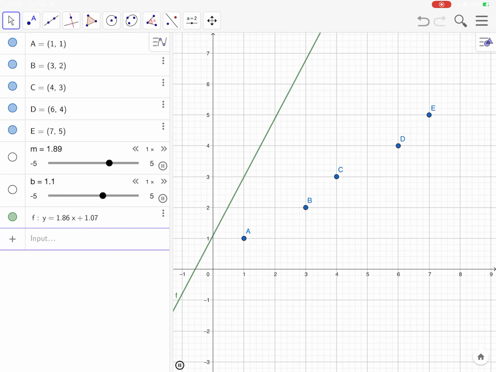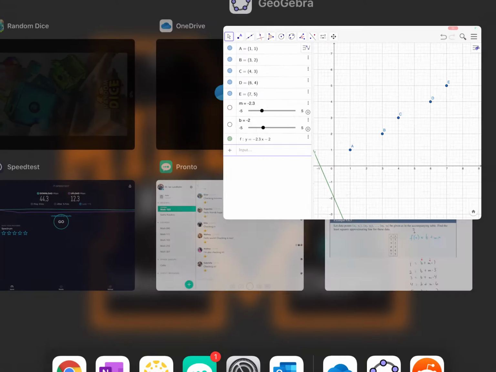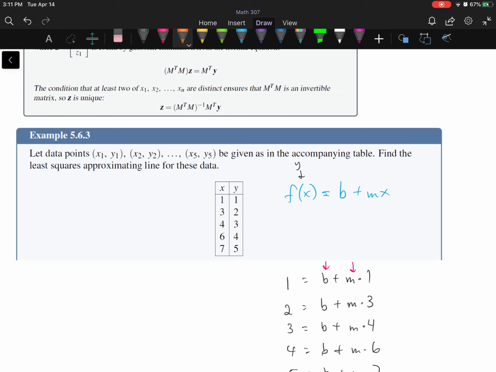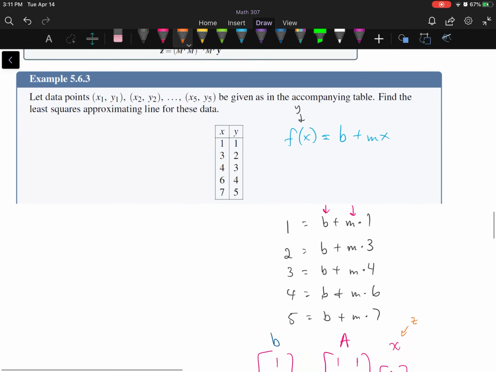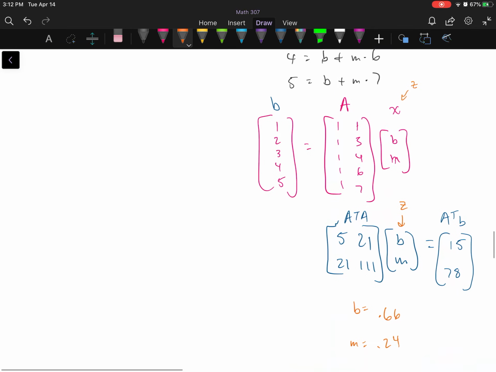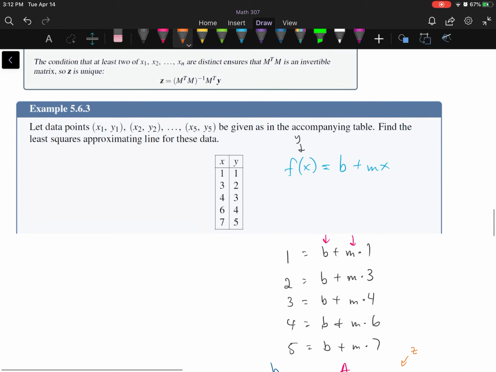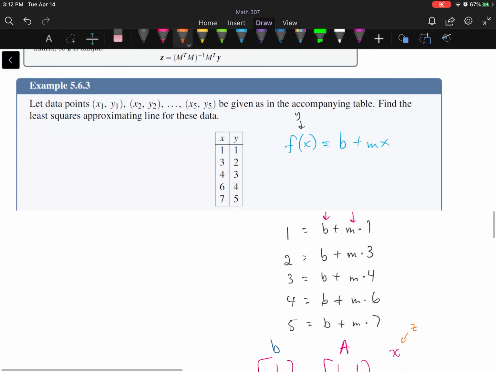But all of these lines would not be as good of a fit. So we found the slope and we found the y-intercept that gave us the best approximation. No big deal.